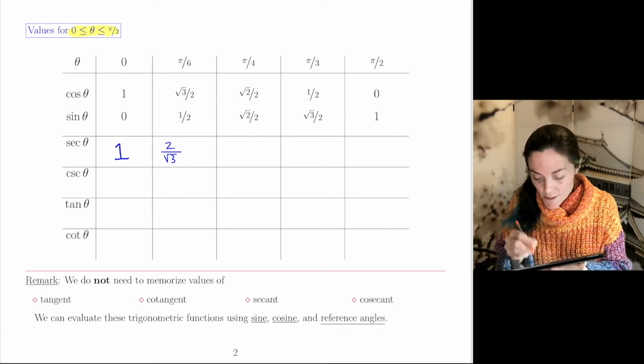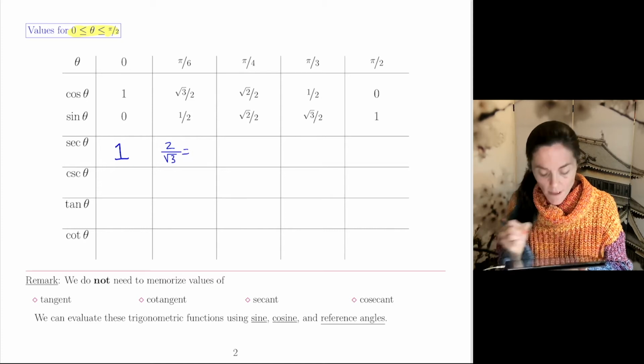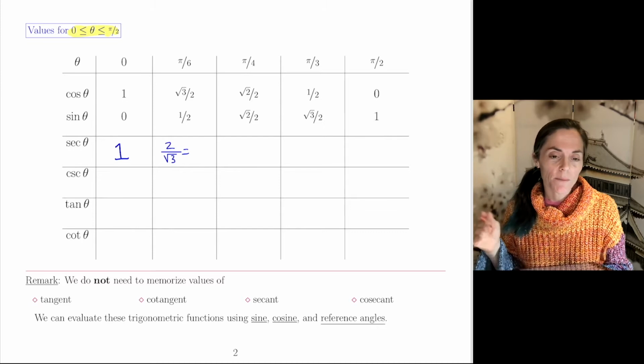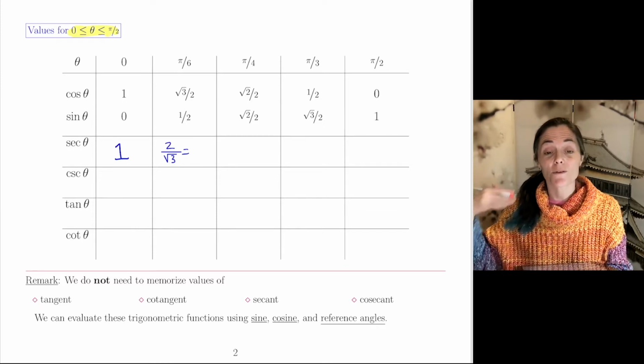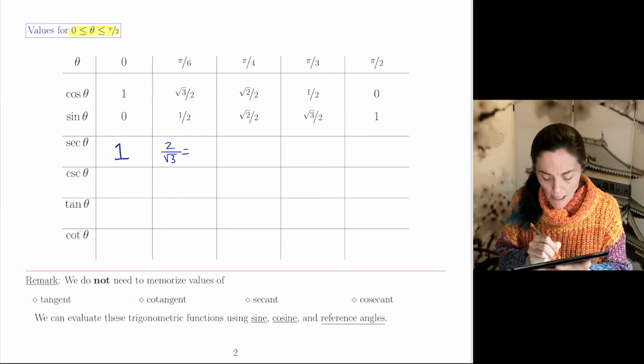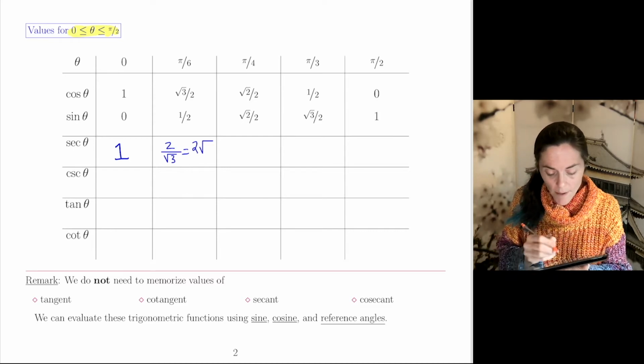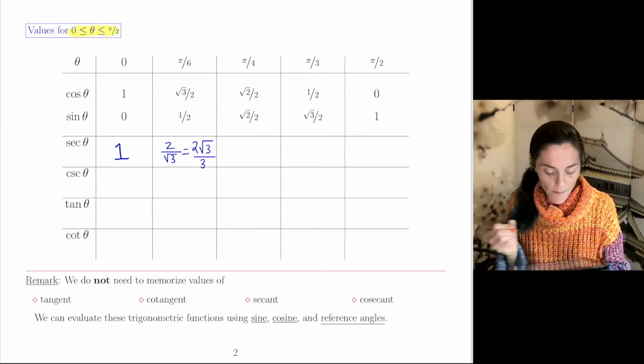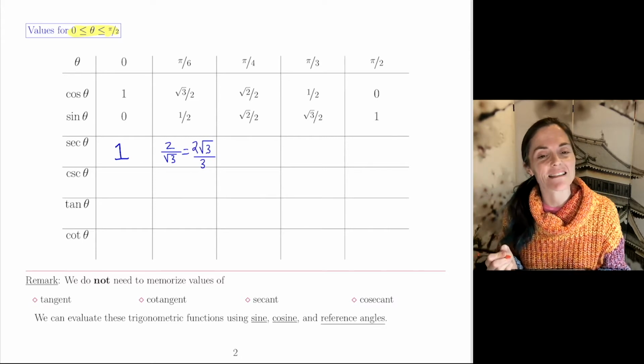If we wanted to, say, not have a square root in the denominator, we could multiply by square root 3 divided by square root 3, and we could write this as 2 times the square root of 3 divided by 3. Either one of these is the correct answer. Two different ways to think about the secant of pi over 6.